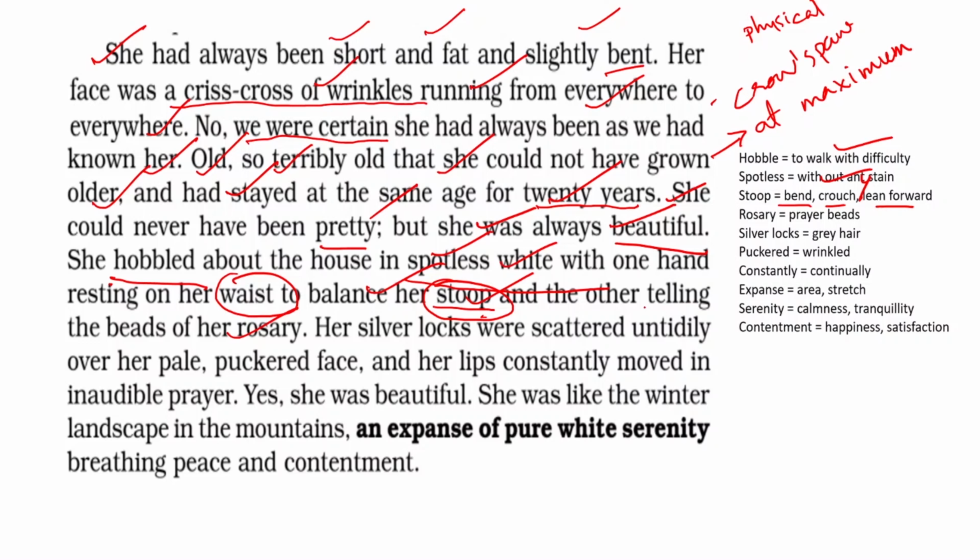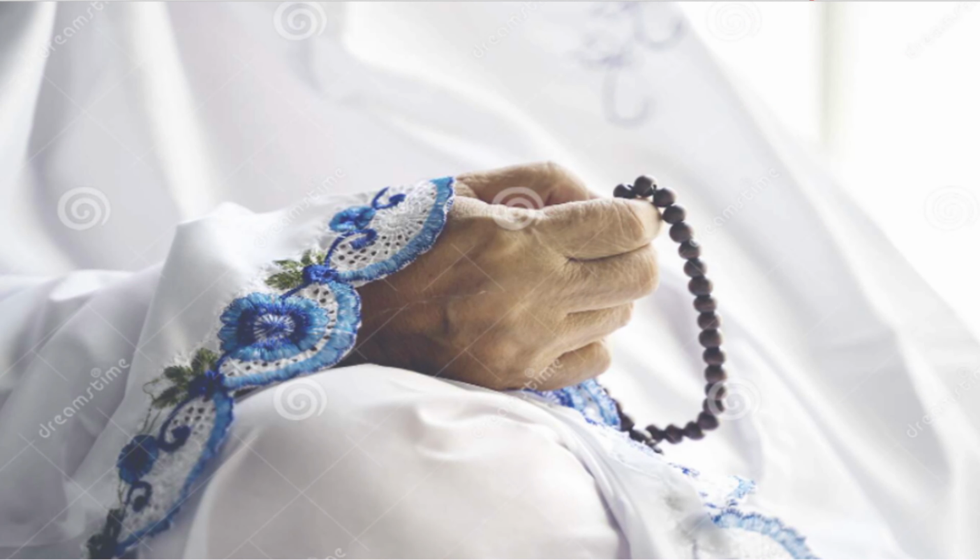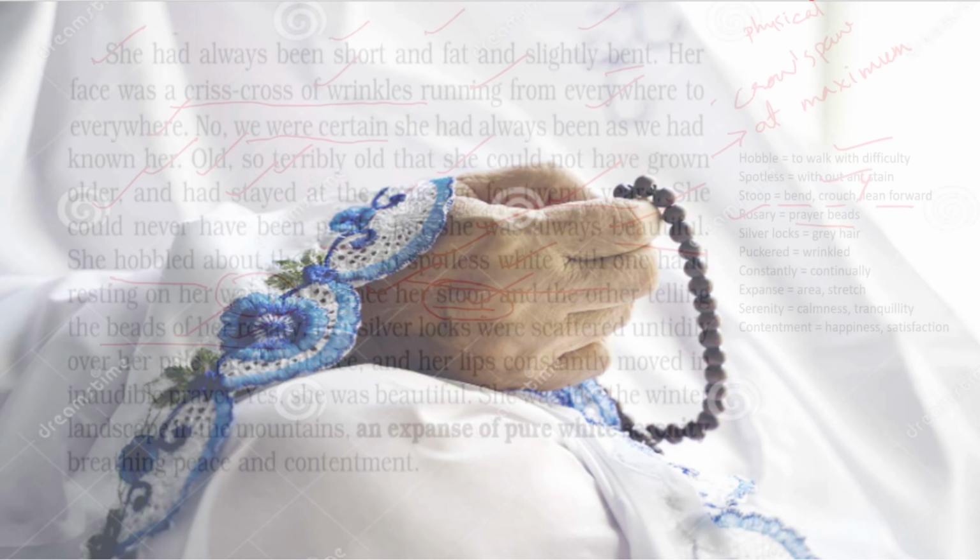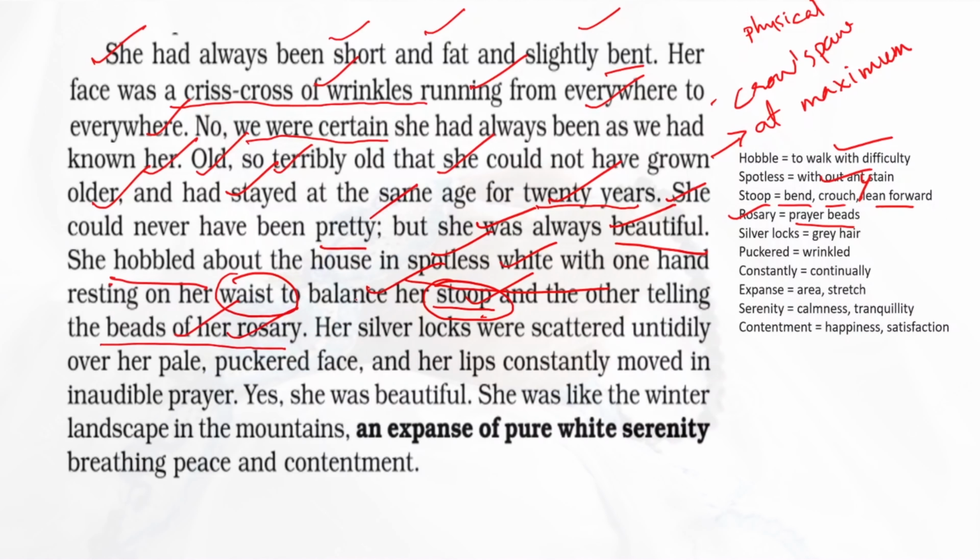The other hand she used to count the beads of her rosary. Rosary means prayer beads. She was always counting the beads of her rosary, which means that she was a religious woman. She always followed her prayers while she was hobbling around the house and premises.